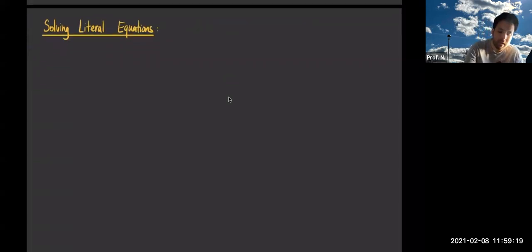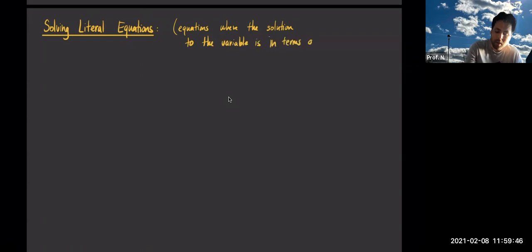So these are equations where the solution to the variable is in terms of the other variables.